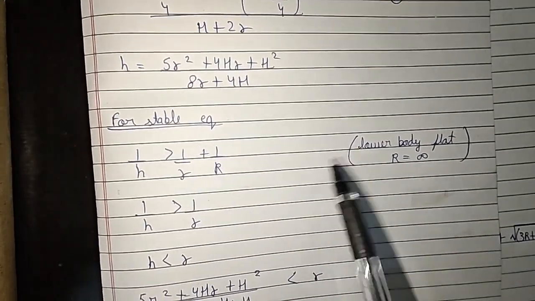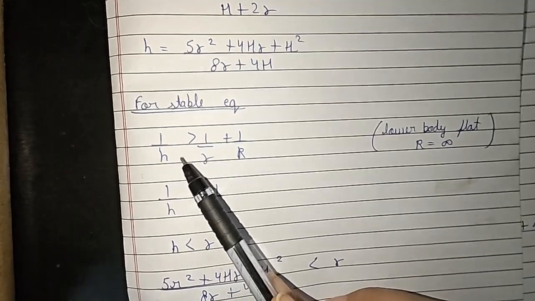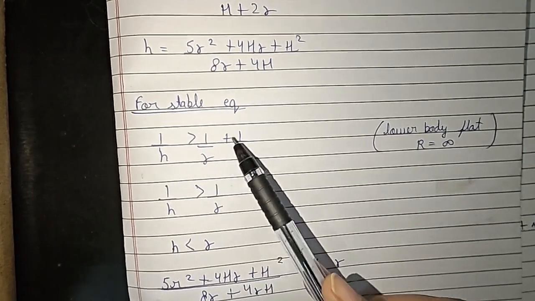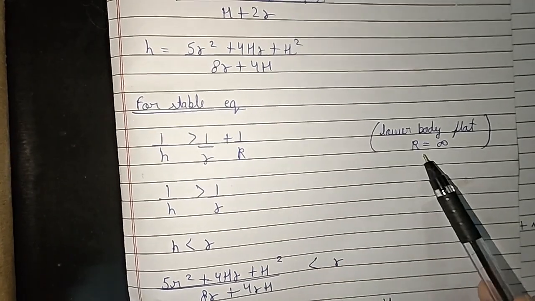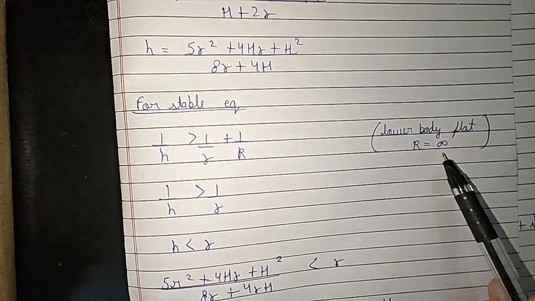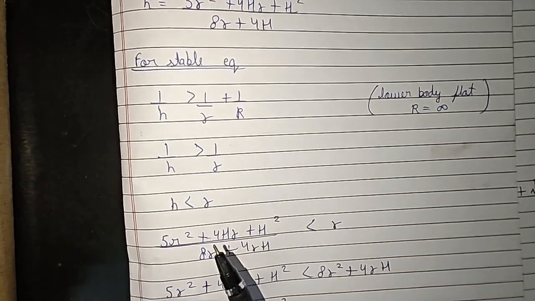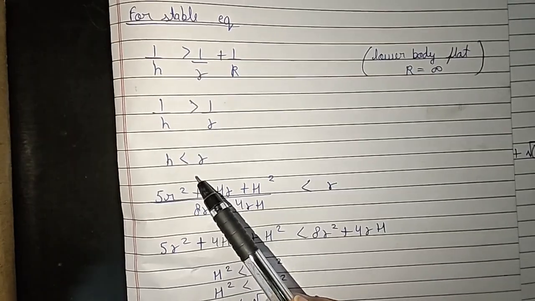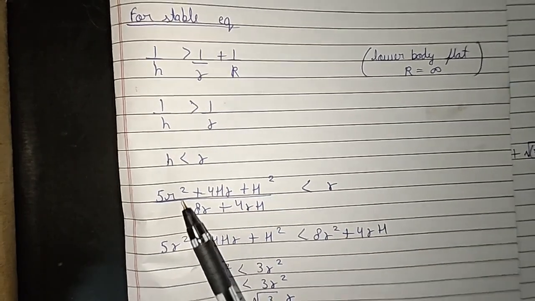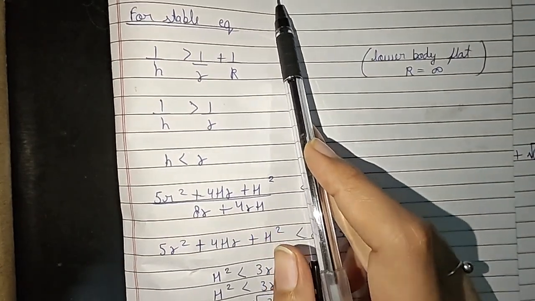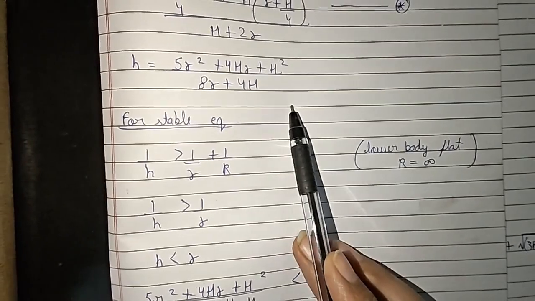So for a stable equilibrium, 1 upon H is greater than 1 upon r plus 1 upon capital R. Here the lower body is flat, so capital R becomes infinity. So 1 upon H is greater than 1 upon r, so H is smaller than r. So we will put the value of this H from here in this equation.